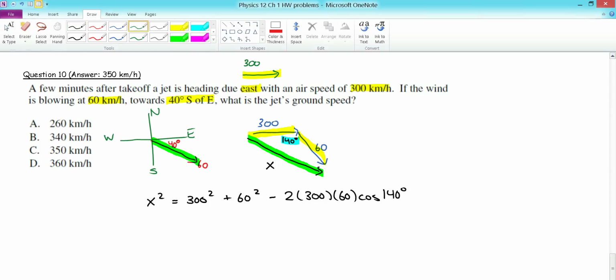And generally the cosine law formula would be x squared equals a squared plus b squared minus 2ab cos theta. And this formula is on your formula sheets.